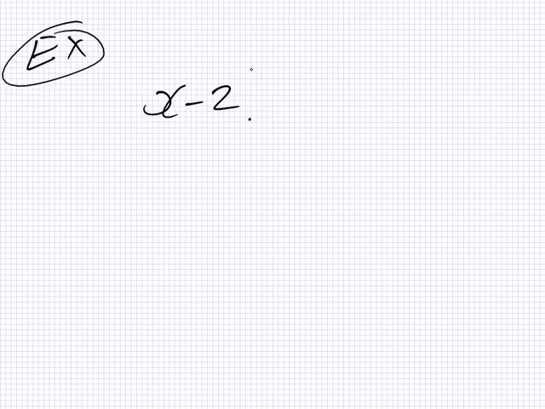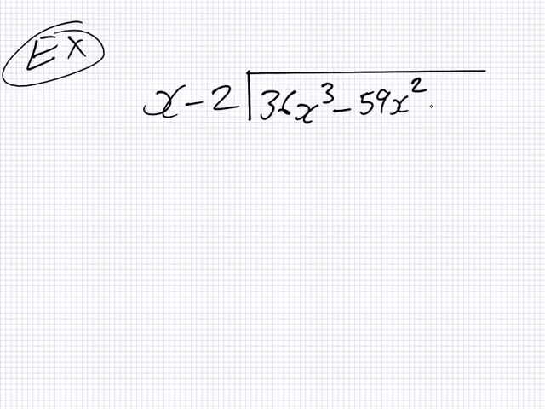So we'll do our first example, if you can write this down. X minus 2 divided into 36x cubed minus 59x squared minus 25x minus 2.